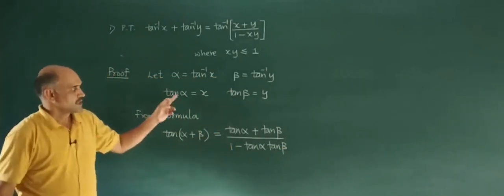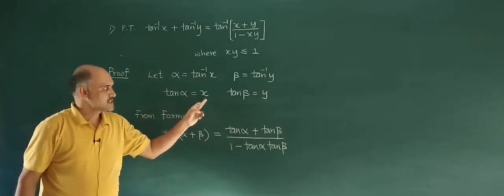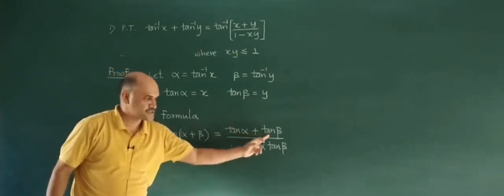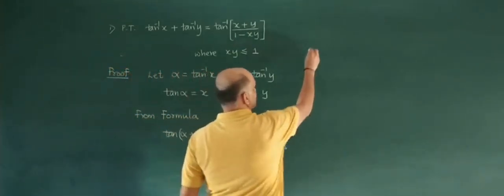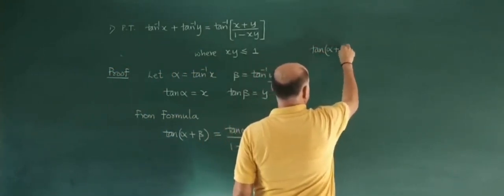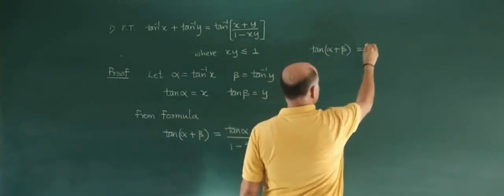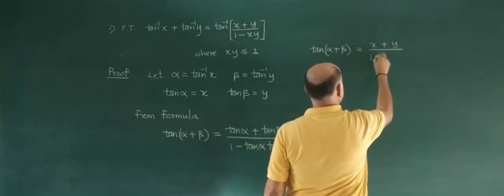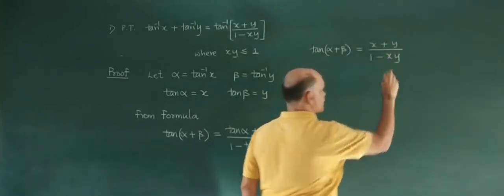Now tan alpha you substitute as x, tan beta as y. So here you substitute in RHS x and y. So you will have tan of alpha plus beta is equal to x plus y divided by 1 minus xy.